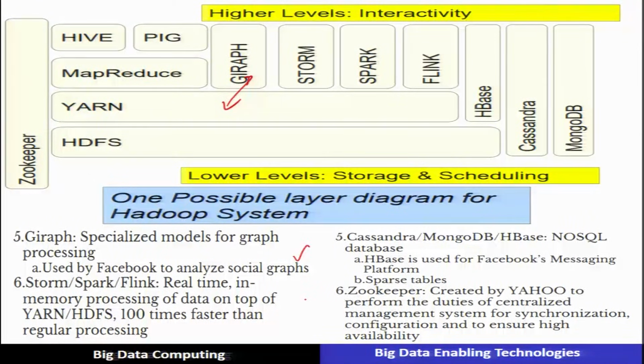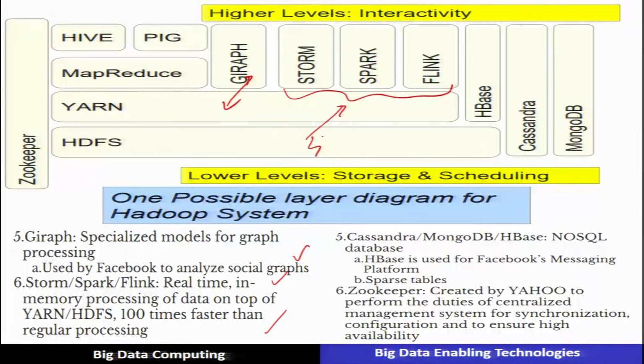The next tools are called Storm, Spark and Flink. They are going to deal with real time in-memory processing of the data over Yarn and HDFS. So fast data or streaming data applications can be done using Storm, Spark and Flink, and they are basically in-memory computation, which is faster than regular computation.